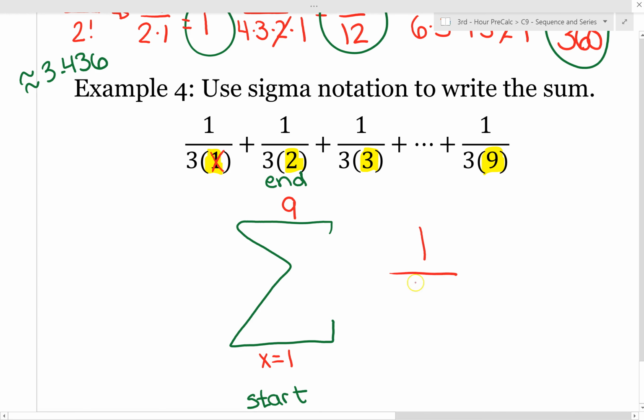So that would be 1 over 3x, and therefore I'm done. So summation, biggest thing is you're still plugging in a 1, finding out what the first term is. Plugging in a 2, finding out what that term is. Once you get done with all your terms, then basically you are just adding them up.